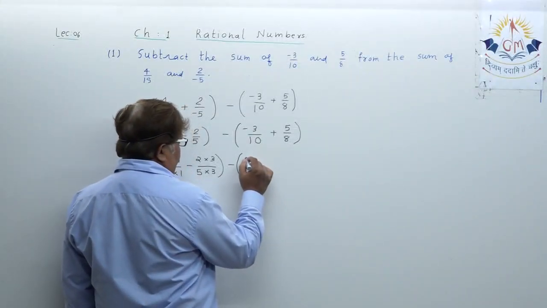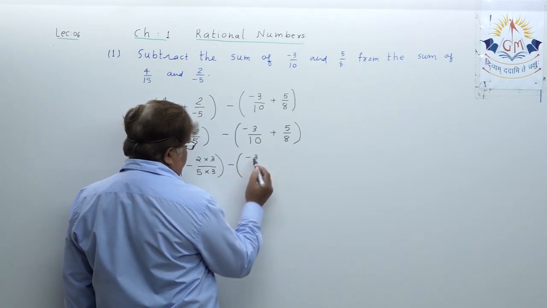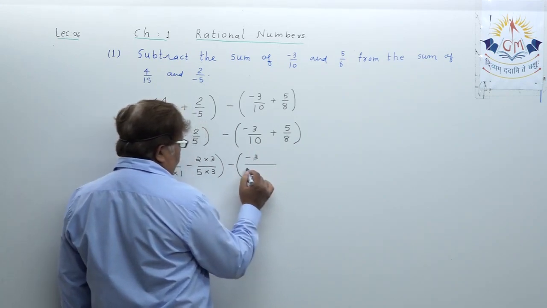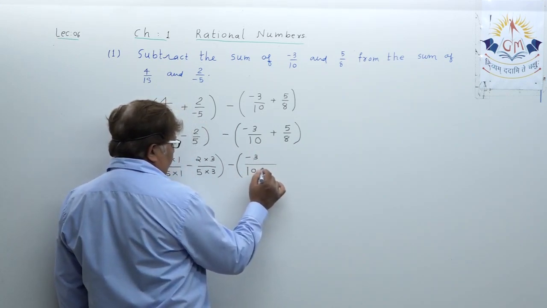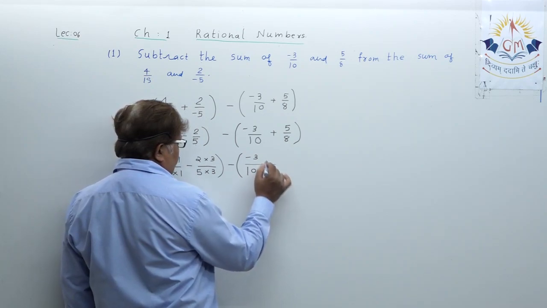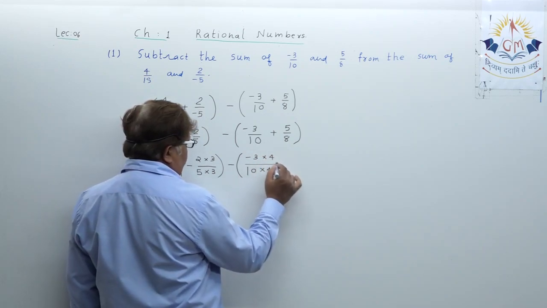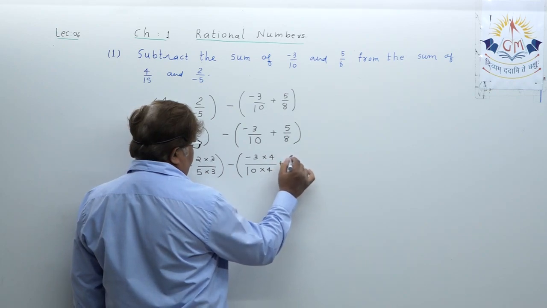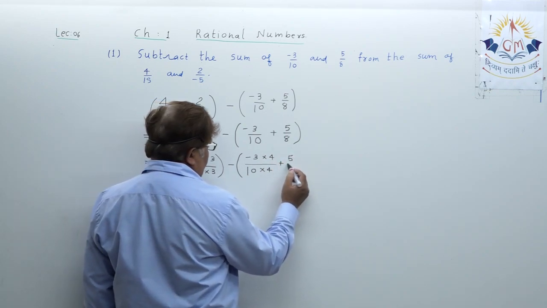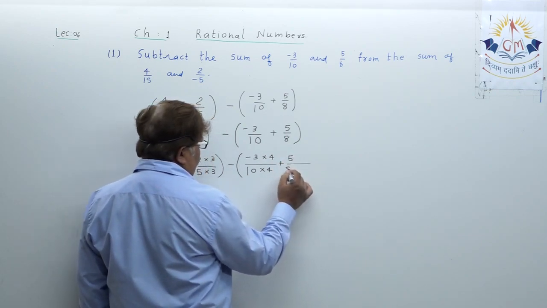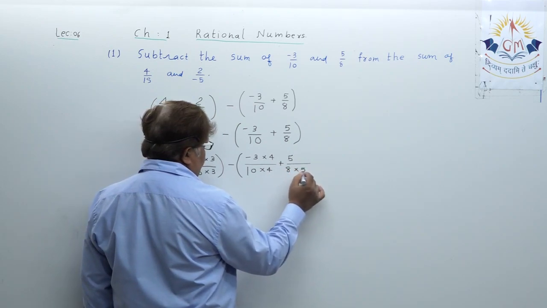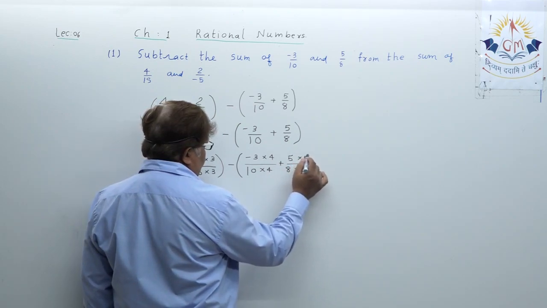So accordingly, dear student, multiply 10 by 4, and here also you will multiply 4. Here 8 by 5, so here also 5.